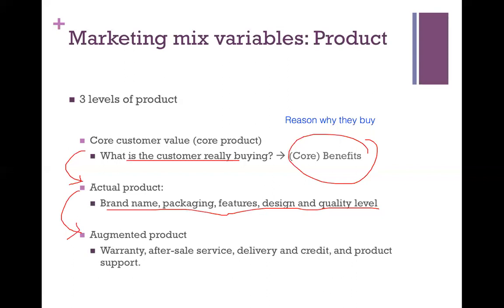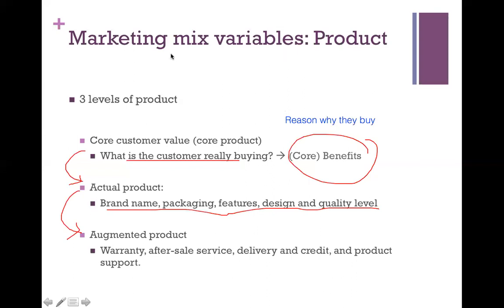They include warranty, after sales service, delivery and credit, and product support. If you look at Australian brands, a lot of them offer 1800 numbers or 1300 numbers to ask questions and discuss inquiries with the customer support team. So that's part of the augmented product.